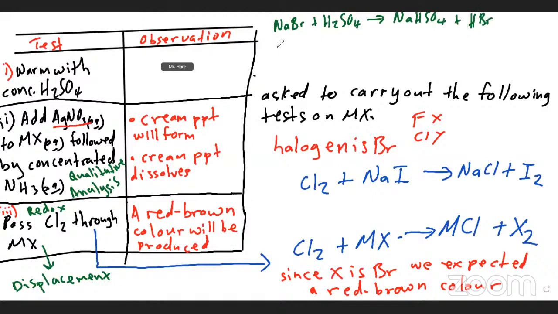Then the HBr reacts with sulfuric acid, and that will give you sulfur dioxide, Br2, and water.